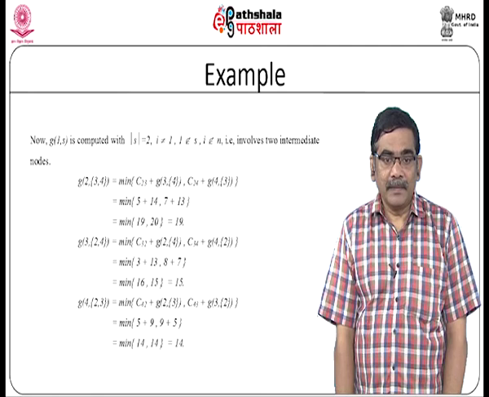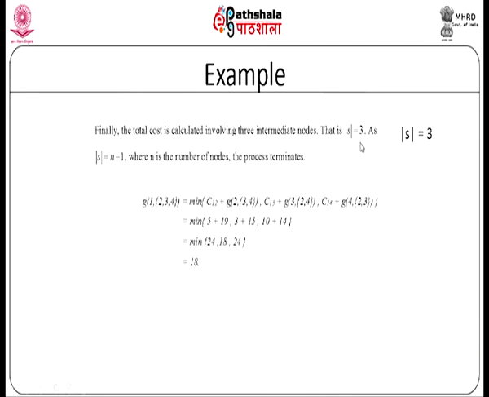Again I have to increment s. So, now s becomes 3, which means the intermediate nodes are 3 in number. Now I have to find the shortest path 1 comma 2 3 4. So, it is going to be the minimum of c of 1 2 plus g of 2 comma 3 comma 4, like that I can write.